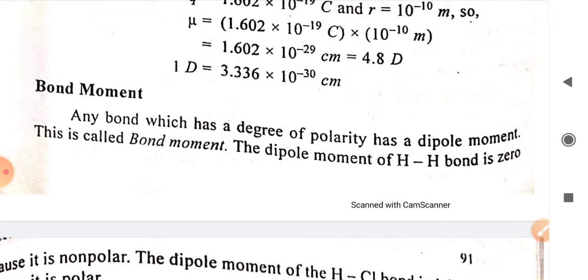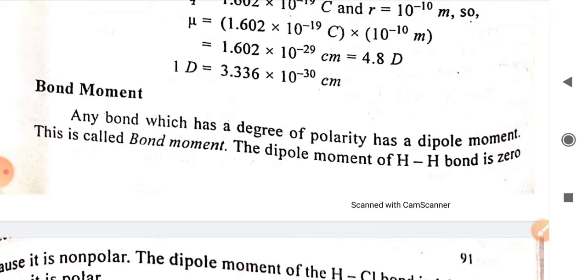Now next is the bond moment. Up to now we have seen the dipole moment. The dipole moment of a whole molecule is obtained by experimental means. For a molecule with only two atoms there is only one bond, so the bond moment and the dipole moment of the molecule will ultimately be the same.